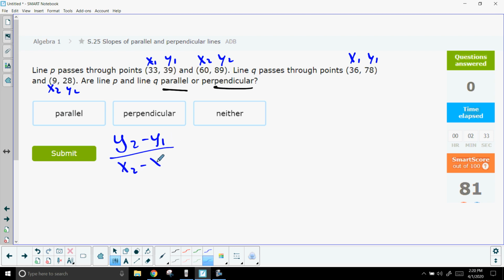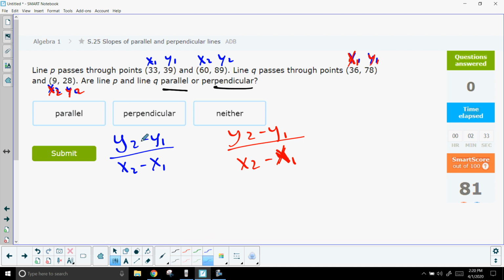Again, I'll change colors. I didn't change colors. There we go. I'll just write over. Try to color code this thing.